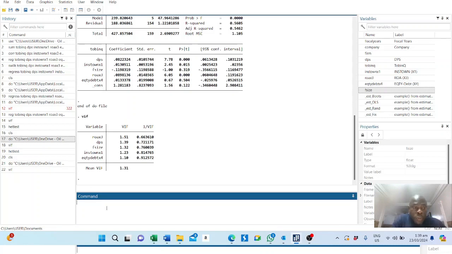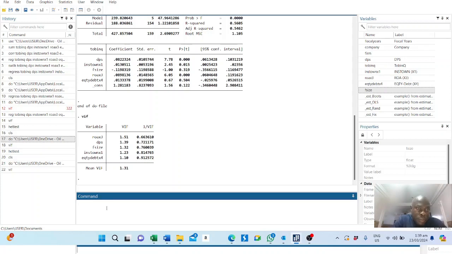The threshold for multicollinearity is that it should be less than 10. Any variable that is having over 10 is considered to have high multicollinearity issues that need to be addressed.